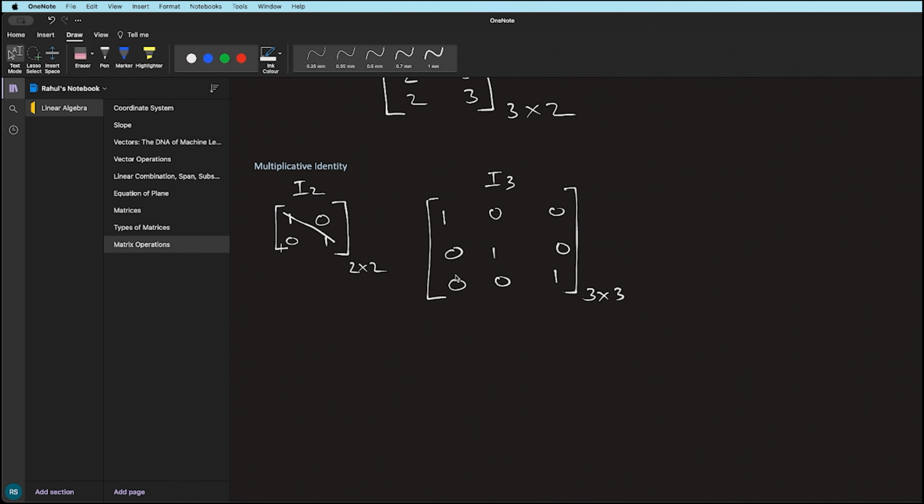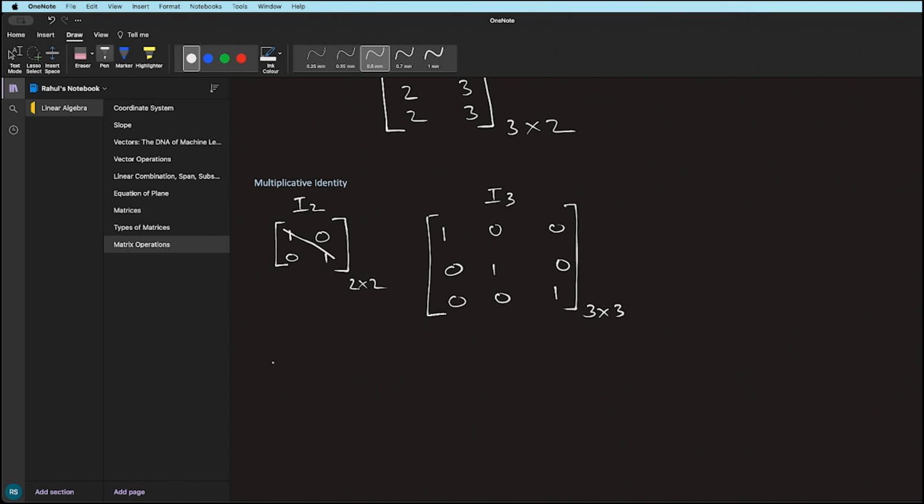Now, as in the commutative property, 1 multiplied by 3 equals 3 multiplied by 1.